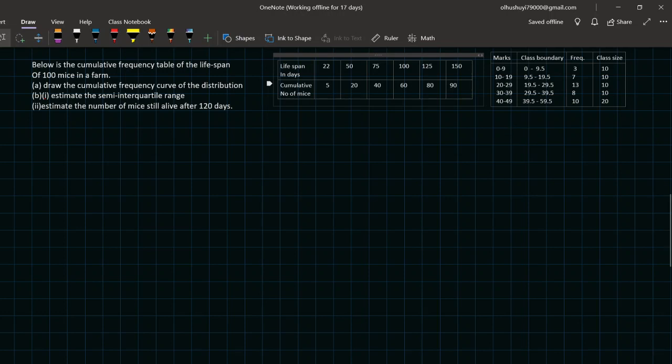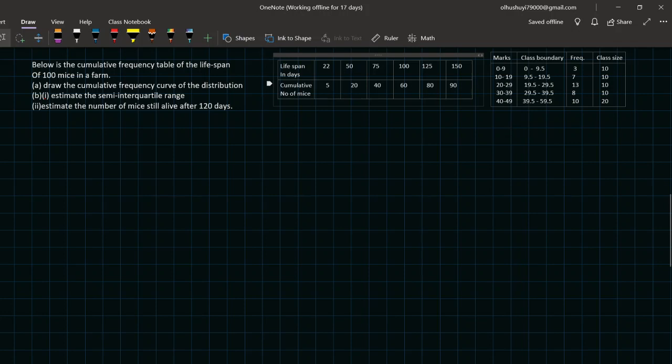When we have something like this, we pick the upper class boundaries to plot against. So we plot the cumulative frequency against the upper class boundaries. But the lifespan in days has been given at the upper class boundaries. So get it.